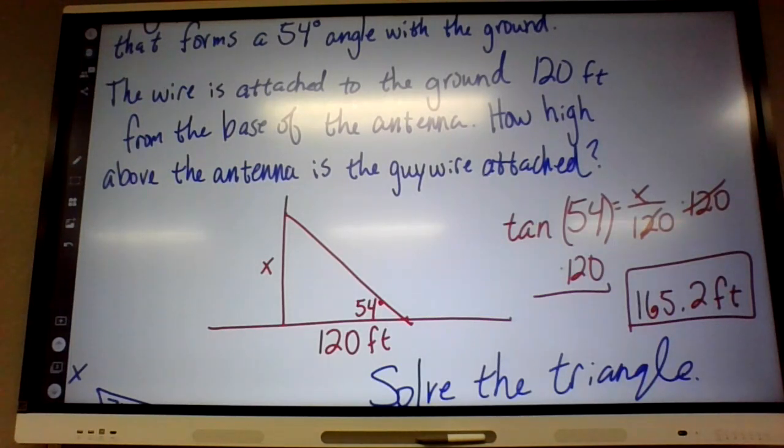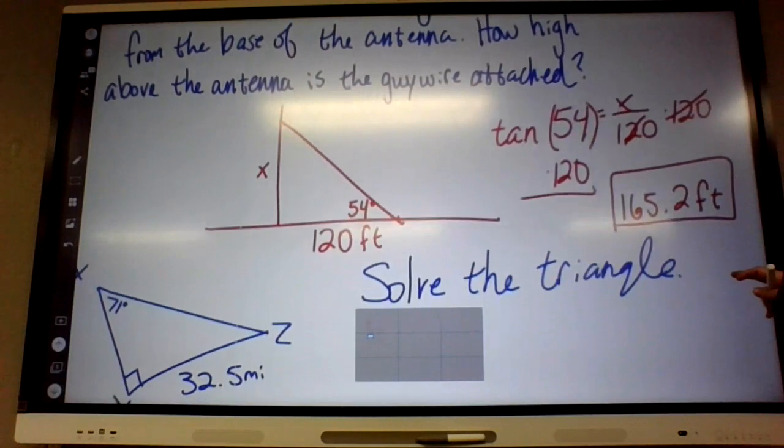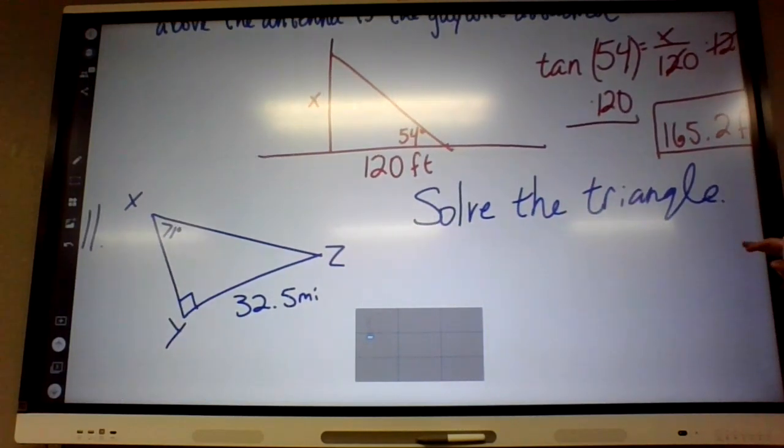Okay, I remember reading that. Alright, this is the last one. Solve the triangle. So when we did these, solve the triangle, how many questions are there? 3.